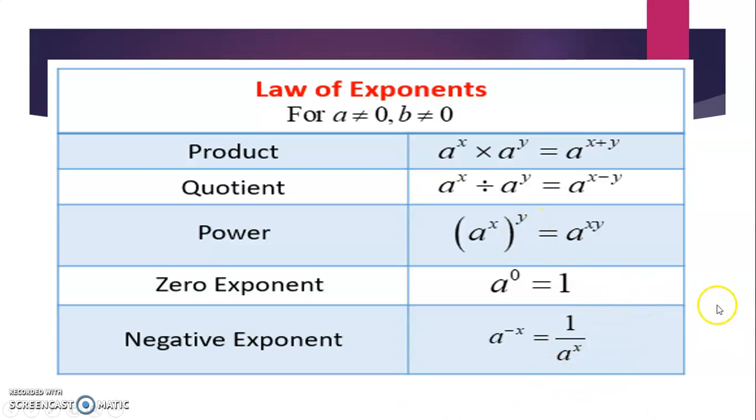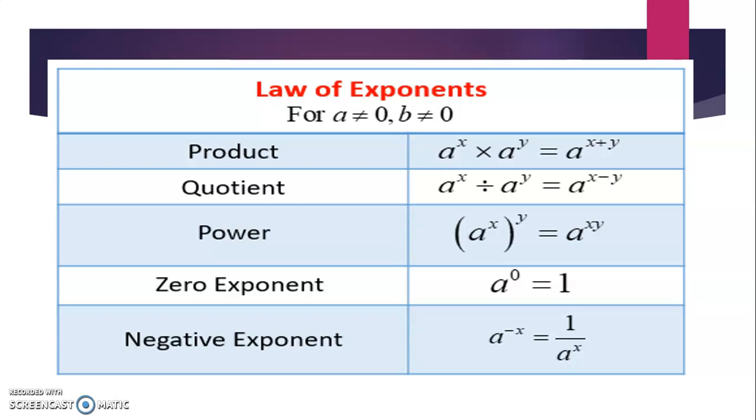Okay, I hope you have understood all the laws of the exponents for the positive as well as the negative exponents. The positive exponents always show the larger distances, as I told you about the distance between two heavenly bodies like earth and moon, or earth and sun.